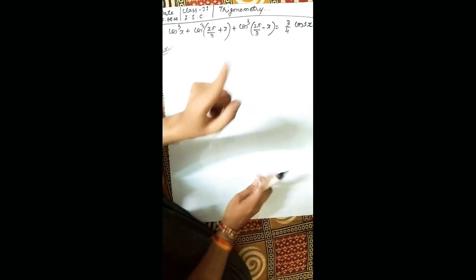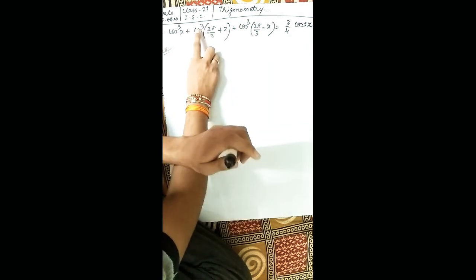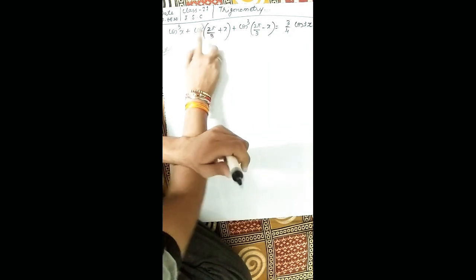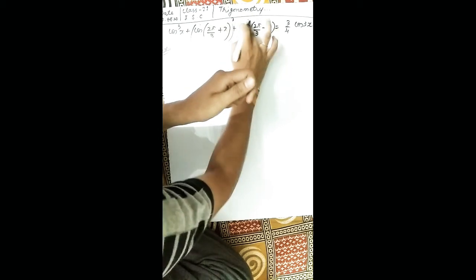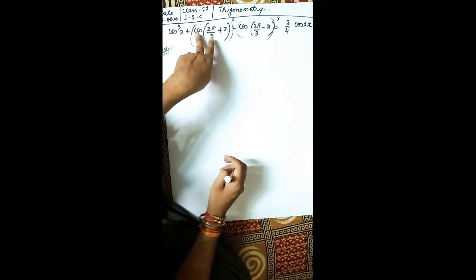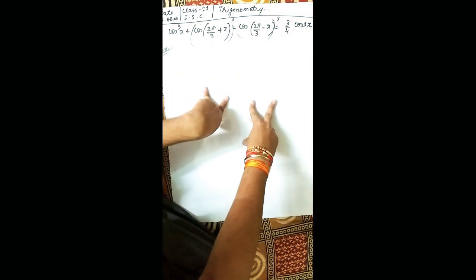One, the very general way is what you do. See, use cos(x plus y) identity. This is whole cube, so you can write this as whole cube, this also as whole cube. So first of all, you do cos(x plus y) identity and cos(x minus y) identity.